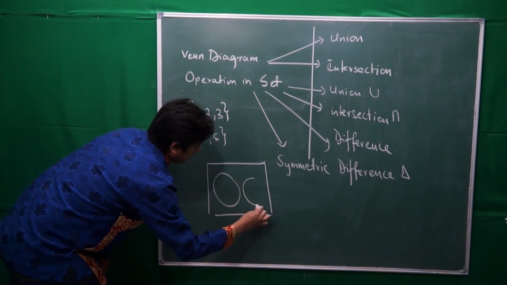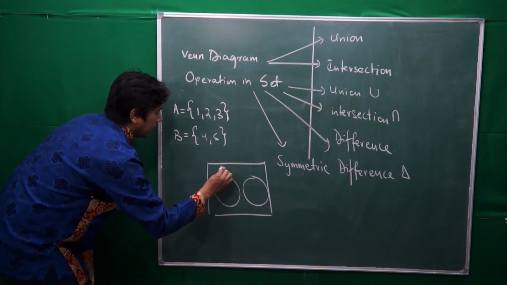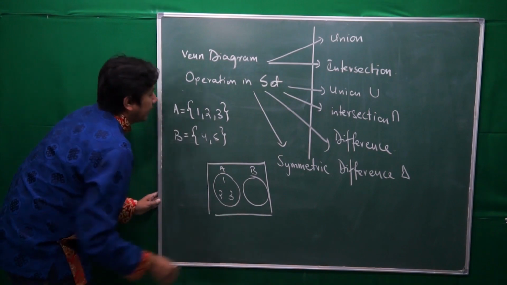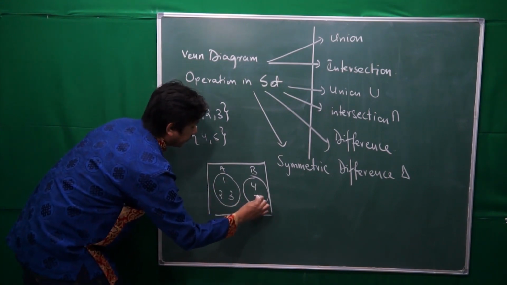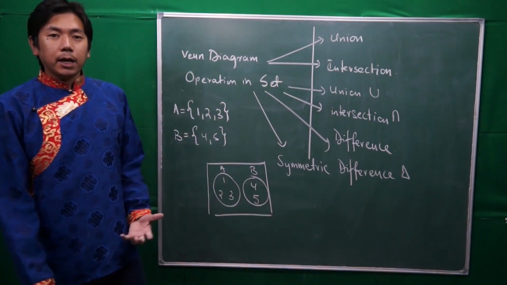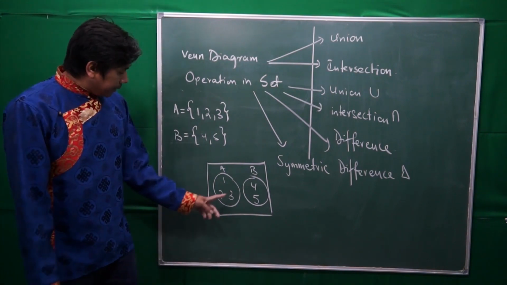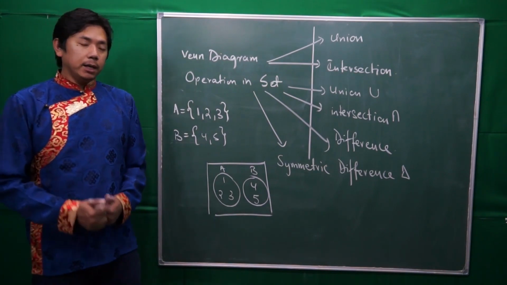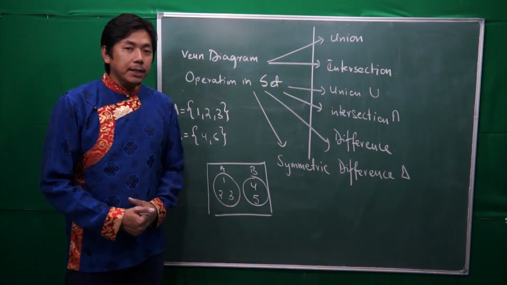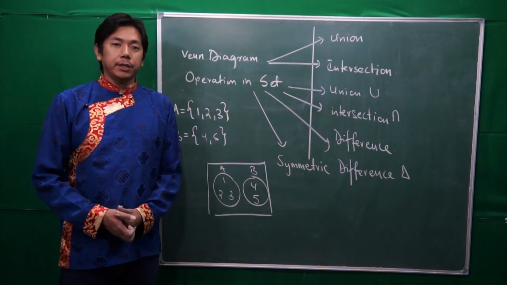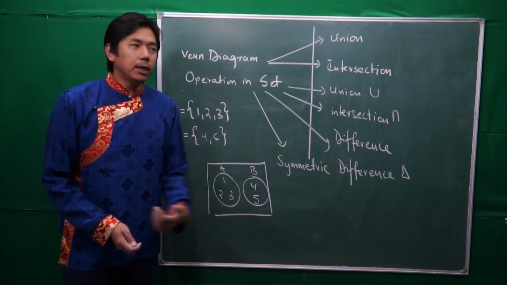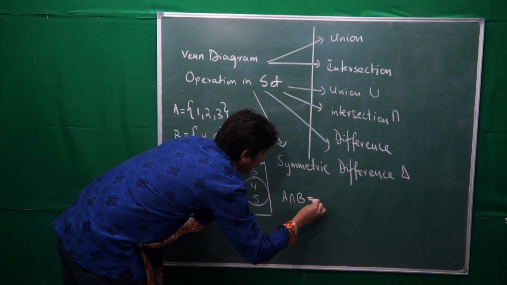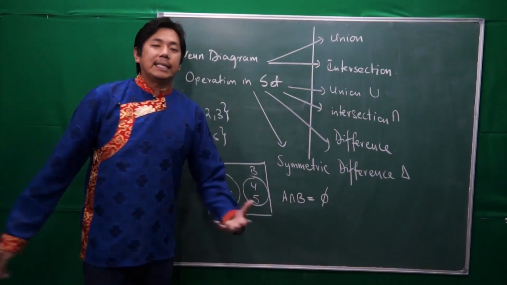This is set A, this is set B. Set A has elements 1, 2, 3, and set B has elements 4, 5. From here it is clear that there are no overlapping elements in both the sets. So in this case there would be no intersection. The resultant of the intersection of set A with set B would be a null set.